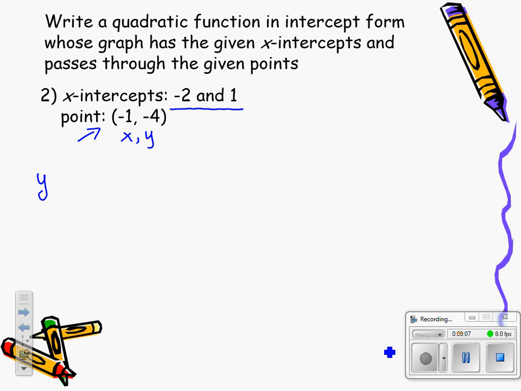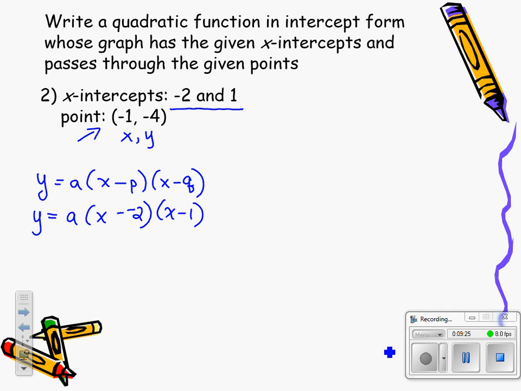So I do y equals a times (x minus p) times (x minus q). Plug in my p and q. Y equals a times (x plus 2) times (x minus 1).